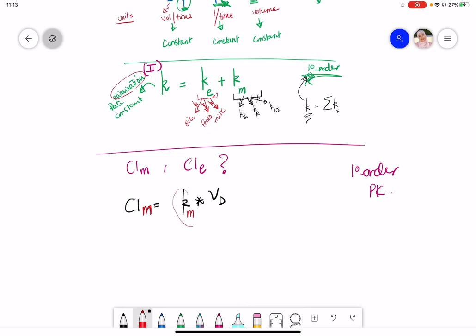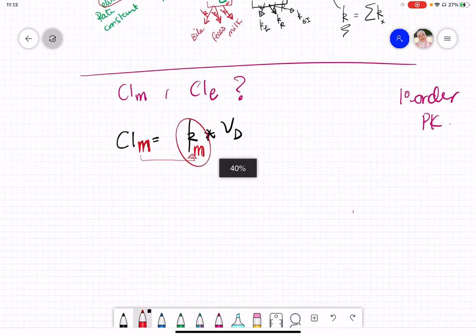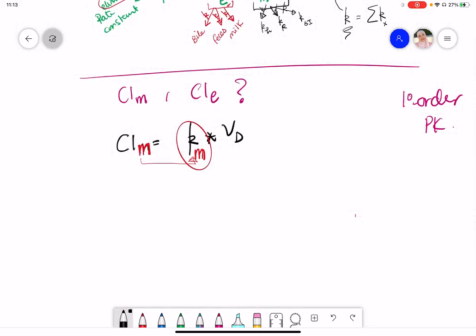We need to use the constant that is related to the clearance that we are measuring. So if this is metabolic, then this would be metabolic. If we want to determine the excretion clearance, this would again be a rate constant multiplied by VD, but as this is excretion clearance, it would be the excretion rate constant.